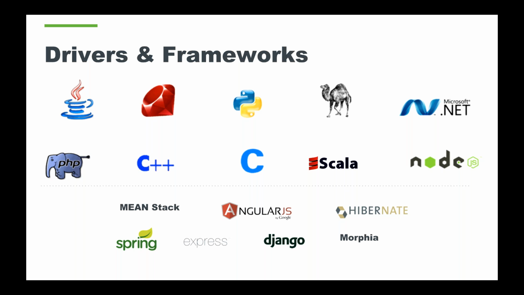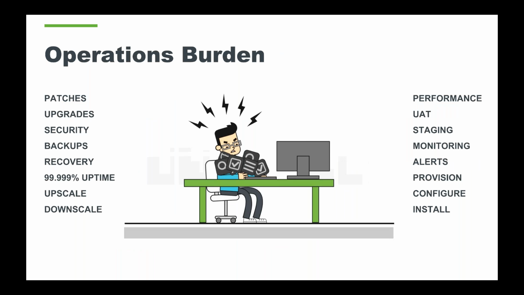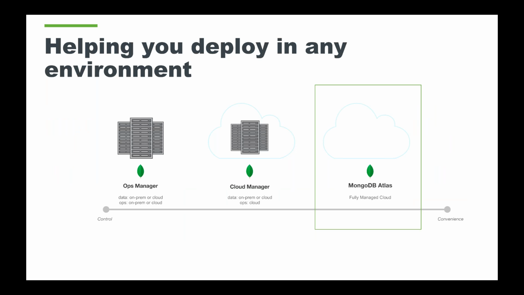So along with building a lot of applications and doing database work comes a certain amount of operations burden. And you as a system administrator, a DevOps person, developer, or whoever you are in your organization, you may be placed with all these responsibilities. So what we did is kind of thought of a way to give you a fully capable deployment of MongoDB in the cloud.